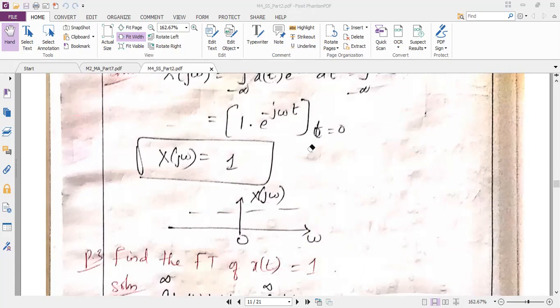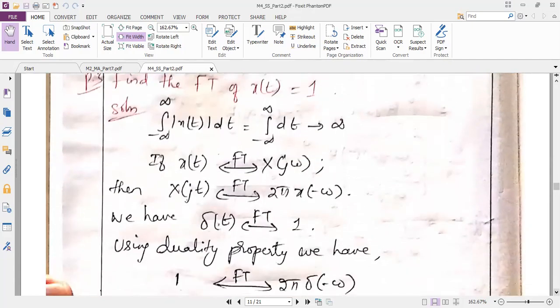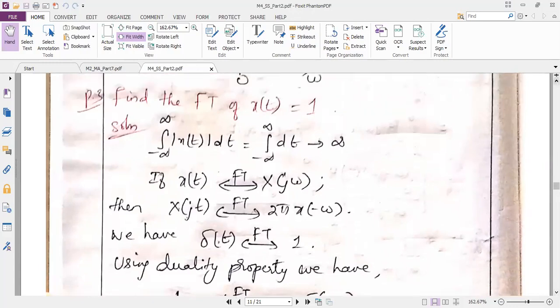So similarly, the next problem is also very simple. Find the Fourier transform of x of t is equal to 1. Okay. See, these are all complicating questions, but they look very simple.